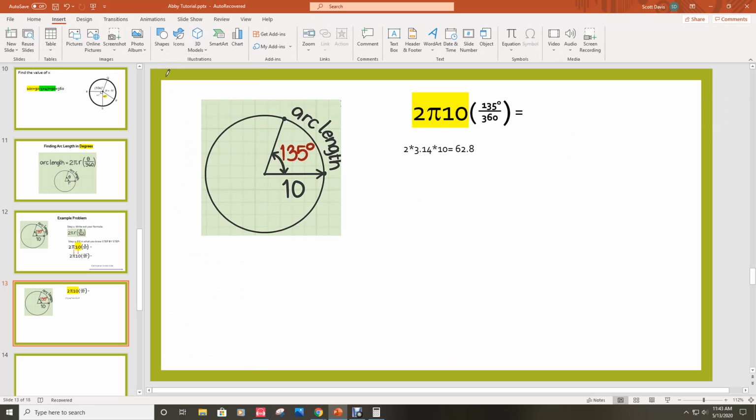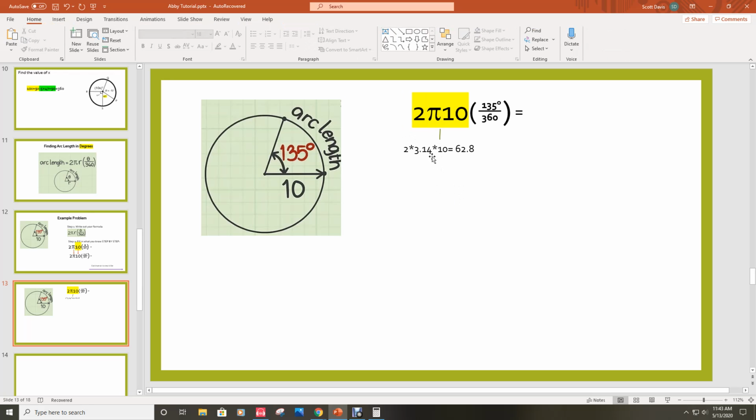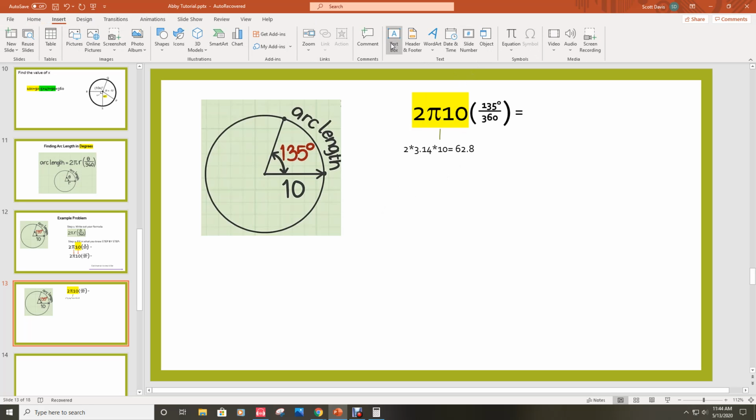So we have this right here, 2 times pi times 10 equals 62.8. Now what I'm going to do is write out my formula again, but I can fill in this portion right here that I just solved.